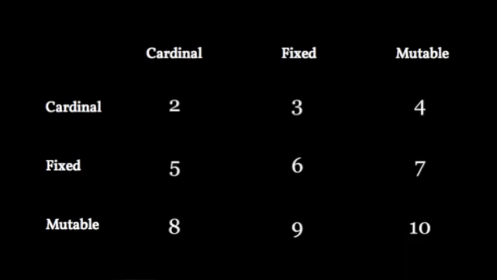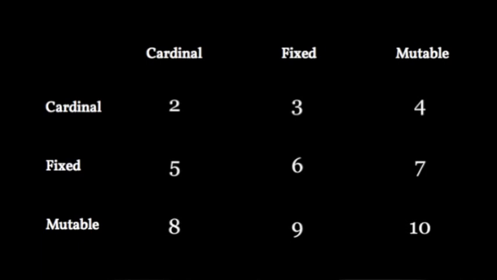The fixed signs rule the 5, 6, 7 decans, and the mutable signs rule the 8, 9, 10 decans. But when you look at the vertical columns, you can see the trine relationships, in that the 2s of the decans and the minor arcana in tarot are in a trine relationship with the 5 and the 8. So we have a 2-5-8 trine, which is the cardinal trine.